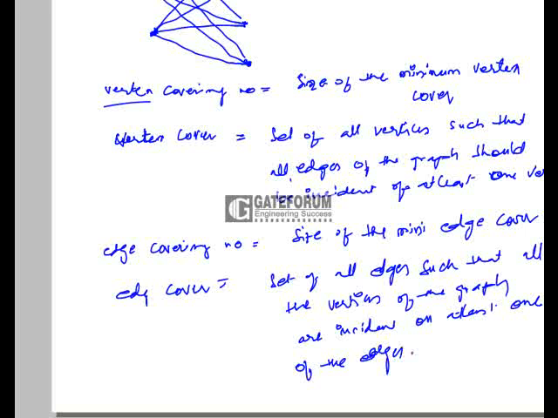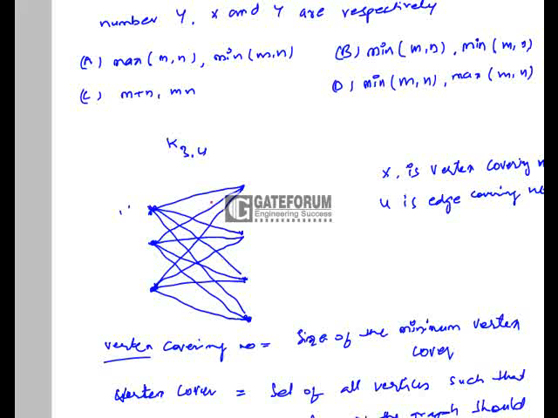If you see this graph, we need at least 4 edges in order to cover all the vertices. Why? Because if we take any 3 edges, let us take this edge, this edge, and this edge, we'll be missing at least one vertex.